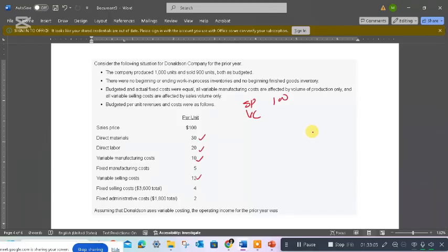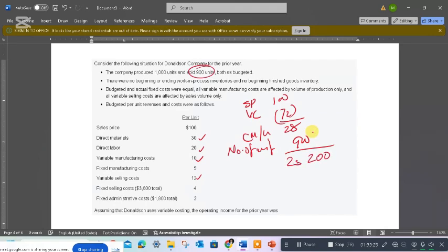These are the variable items. 30 plus 20 is 50, 60, 72. 28 is the contribution margin per unit. Number of units sold 900. Multiply: 25,200.